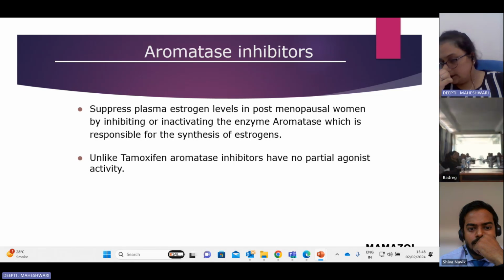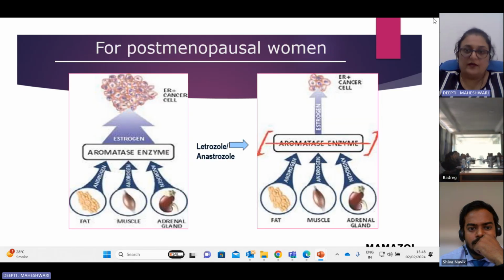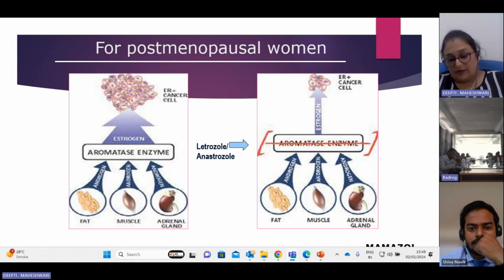But what happens in the female's body, if you see here in this diagram, women in the postmenopausal stage have the presence of estrogen. How does it happen? Females have fat, muscles, and adrenal glands. After menopause, from fat, muscles, and adrenal glands, you have androgens present in smaller quantities.